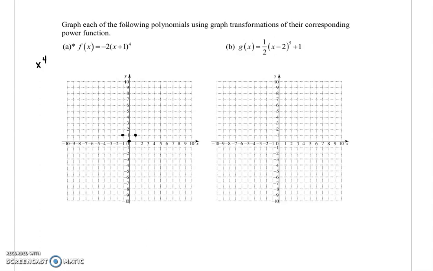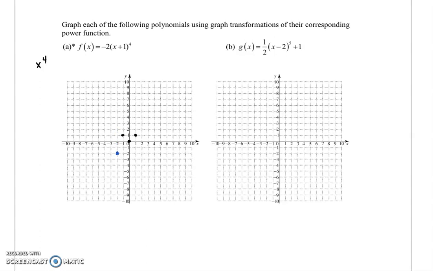So we said the first thing we do is we take a point and we shift it left. Then we stretch it vertically by 2, which means we multiply its y value by 2. So our current y value is 1. If we multiply 1 by 2, we get to positive 2. And then the negative is a flip across the x-axis.